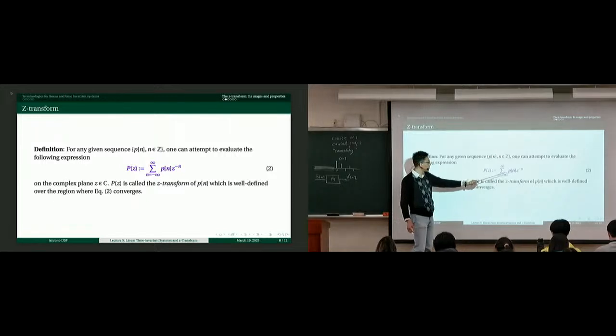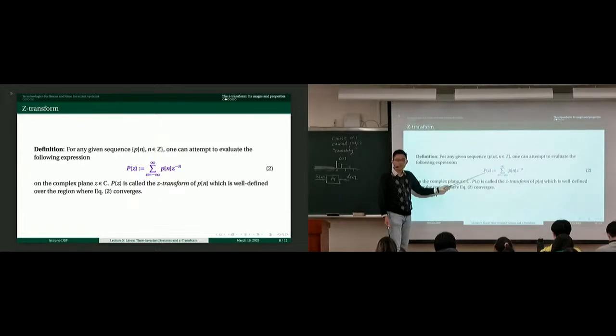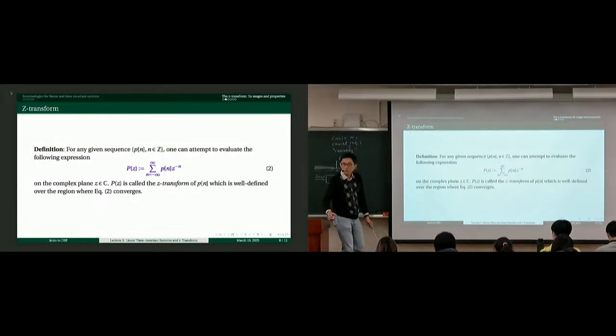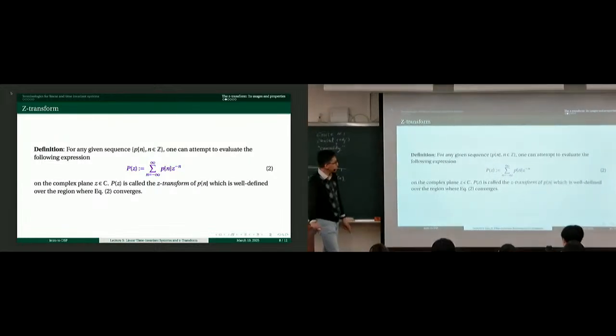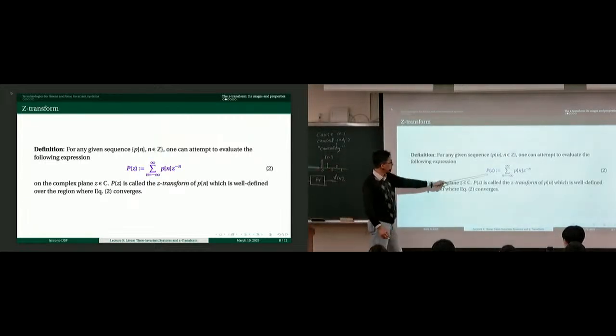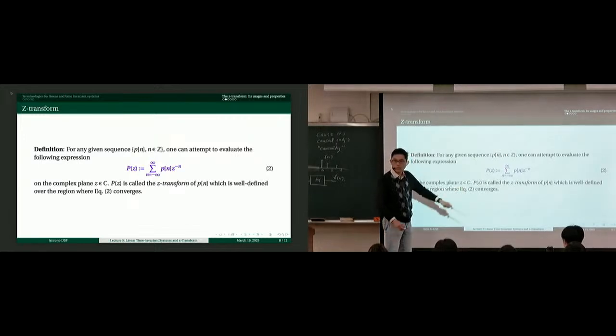For any sequence p, small p, in the time domain, we have a corresponding function of z. And what is z? Z in the most general case can be any complex number, and the summation sums over all n, from negative infinity to plus infinity.